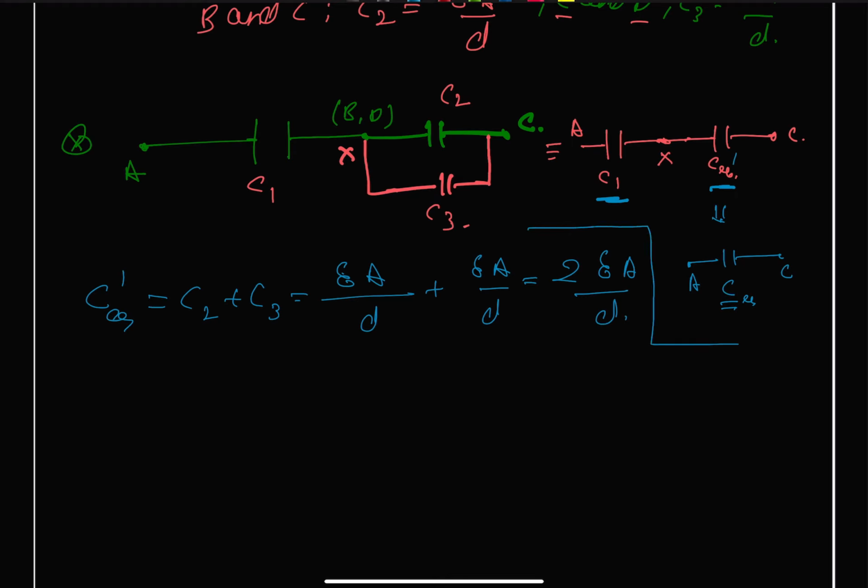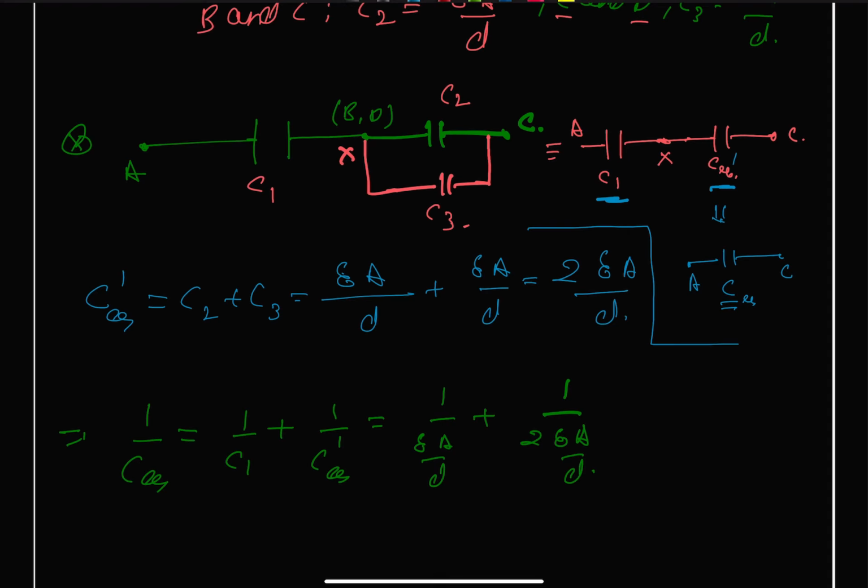Therefore, these are in series, so 1 upon C equivalent is equal to 1 upon C1 plus 1 upon C equivalent prime, and we get this as D upon epsilon naught A plus D upon 2 epsilon naught A.